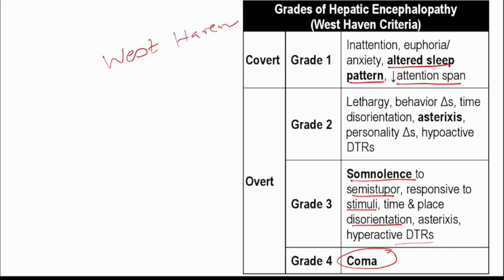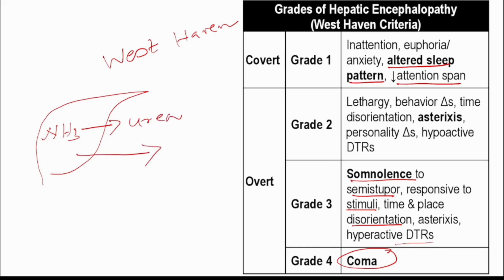And what is the mechanism of this hepatic encephalopathy? Hepatic encephalopathy occurs when the liver is failing. The liver fails to convert ammonia into urea. So the blood level of ammonia increases.